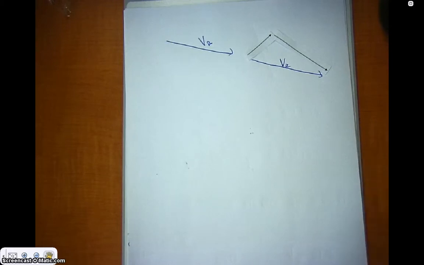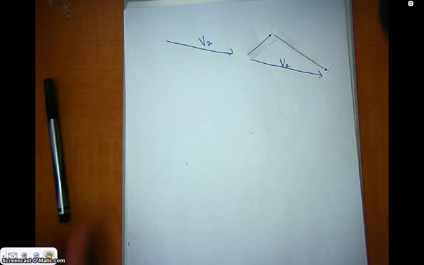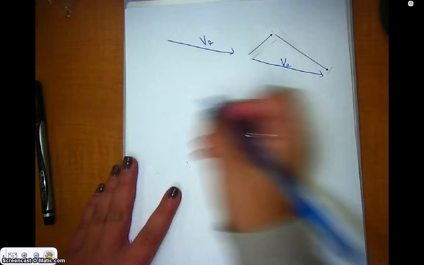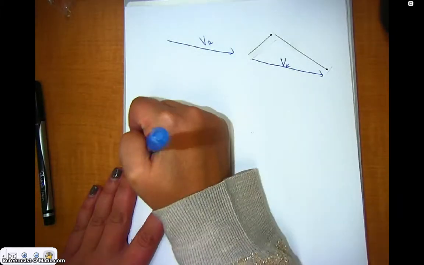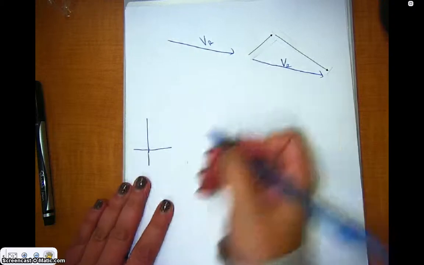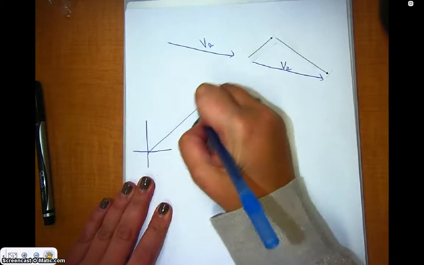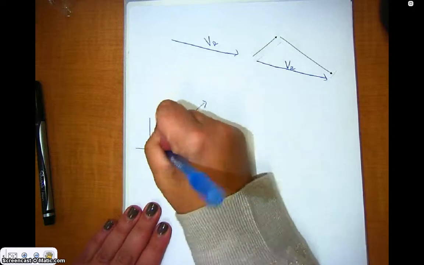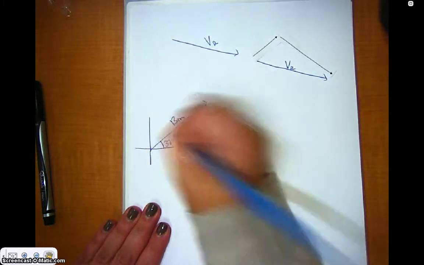So let's go ahead and add a couple of vectors and look at the method to adding vectors if they are at an angle as you see here. Let me just draw my coordinate system here. Let's say I walk in this direction 13 meters, and let's say that my angle is 37 degrees.